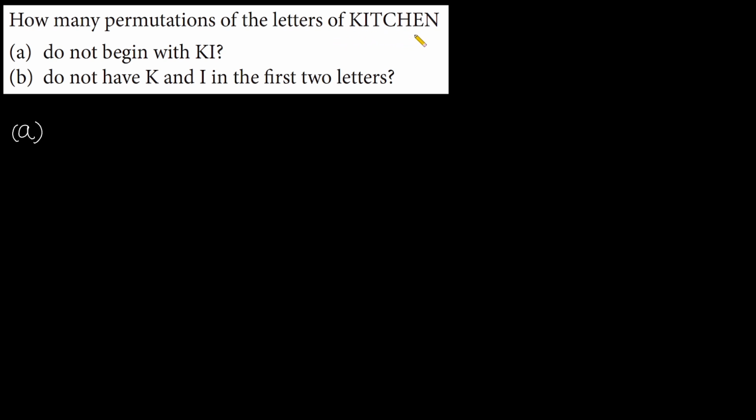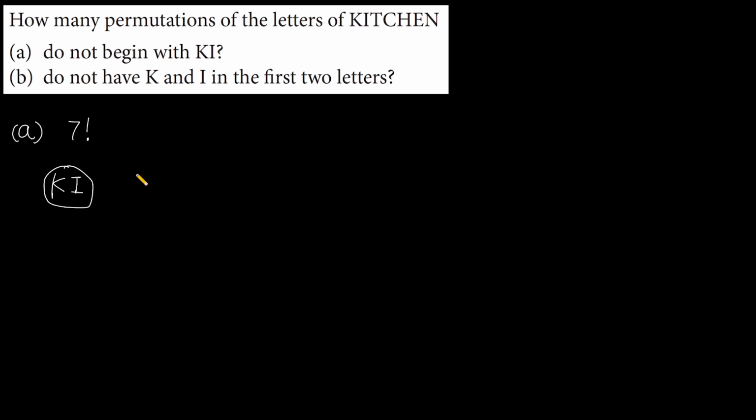There are 7 letters, so the total number of permutations is just 7 factorial. For the number of permutations that begin with "ki", we put "ki" as the first 2 letters. Then we permute the left 5 letters behind "ki".